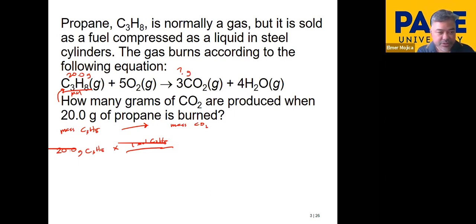So I just want to make sure. 12.01 times 3, that's 36.03, plus 8 times 1.008. I have 44.05.